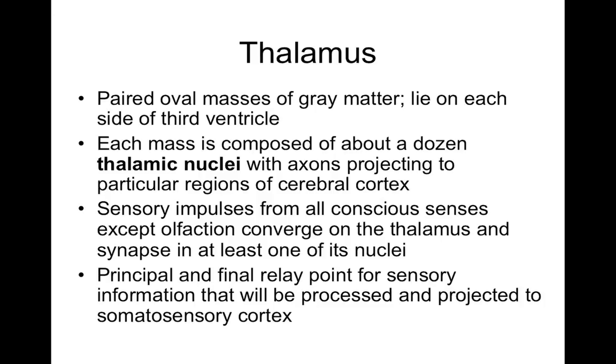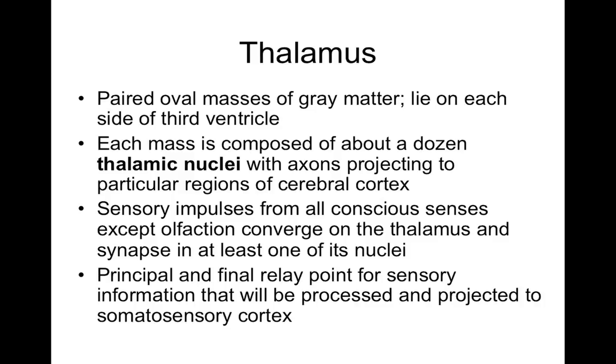Like you wouldn't want touch information to go to your occipital lobe, right? Because if it did, then you can see touch. You need touch information from your skin to go to what part of your brain? You guys remember? Somatosensory cortex. Good. Now it's the thalamus that would send it there. So the thalamus is the relay center, and it helps you determine the appropriate place for sensory information to travel.